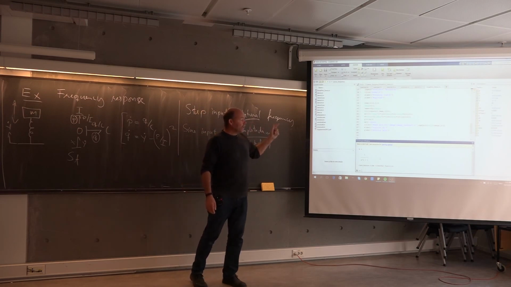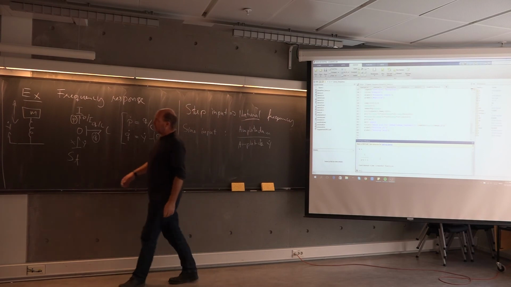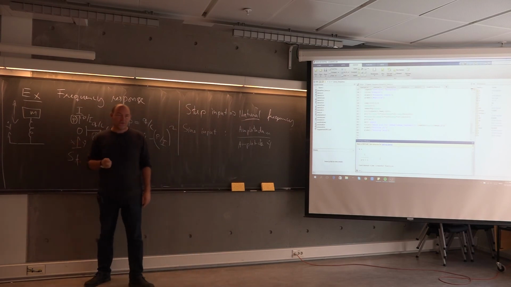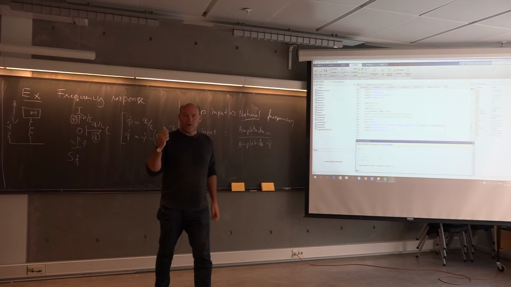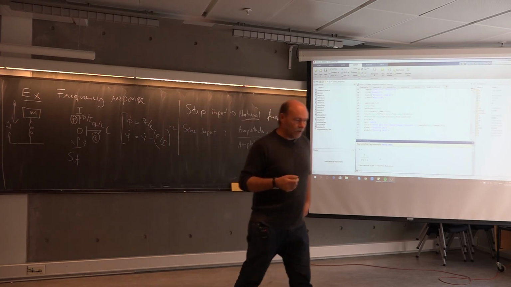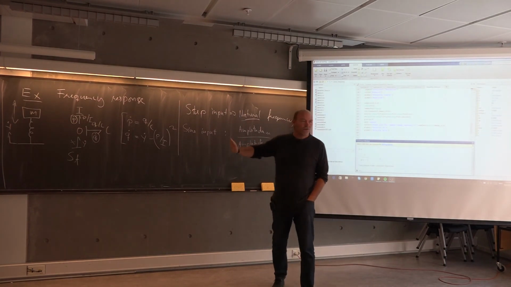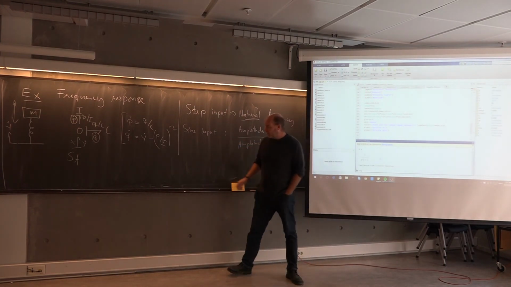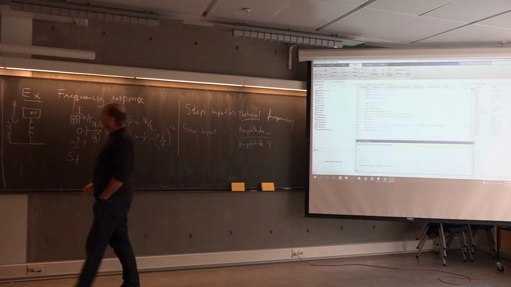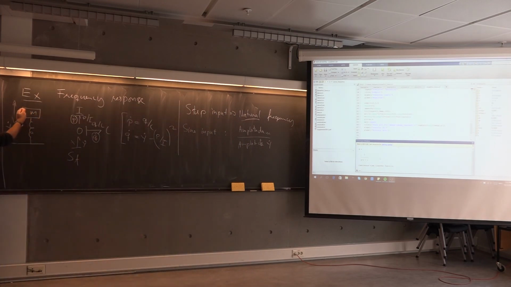What we are going to do with this cute little example is to continue with control. Now we have just talked about response. You give it a signal and see what happens. But now I want this mass to move in a certain manner. I want it to be constant for a while, then climb slowly up here, and then all of a sudden it should be down here.